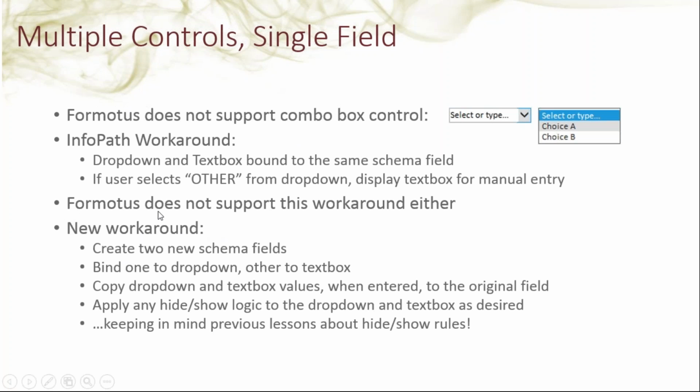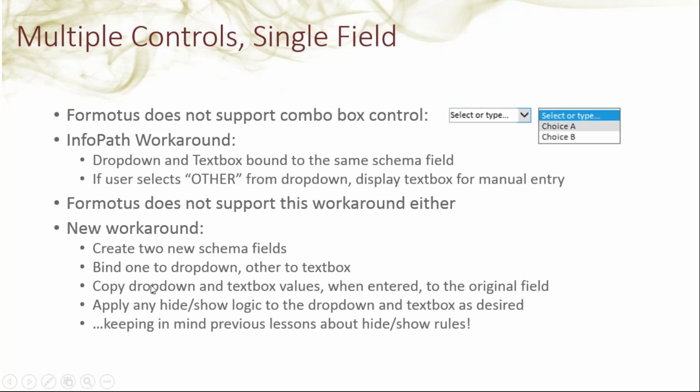So it turns out there is a different workaround that you can use, and this actually involves creating multiple schema fields. So what I did is I had 3 fields now instead of 1 for this particular field. I have 3 schema fields in the background. You bind one to the drop-down, bind the other to the text box, and the third one is going to be the one that stores the final value, no matter whether the user uses a drop-down or text box to enter that value.